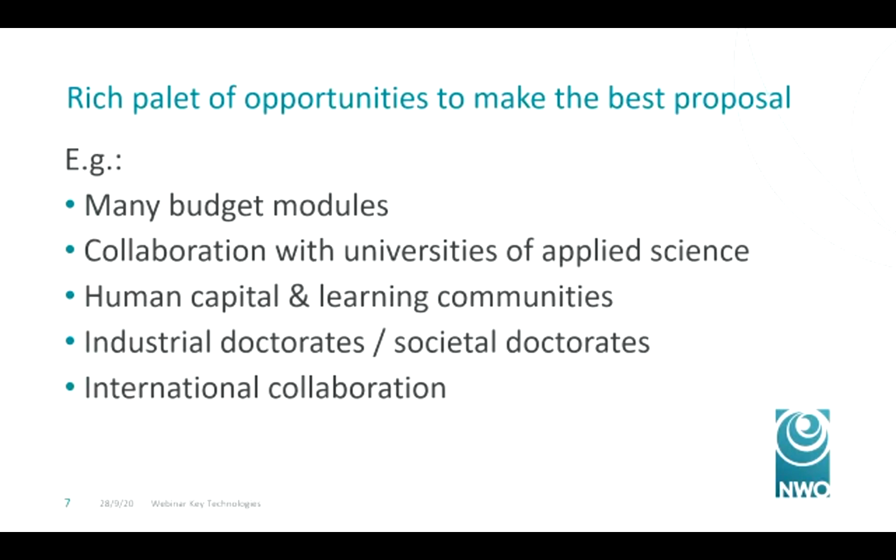It is too much for me to go into detail right now on these aspects, but please choose the elements that fit your proposal best and that allow you to really prepare the best project that is possible.